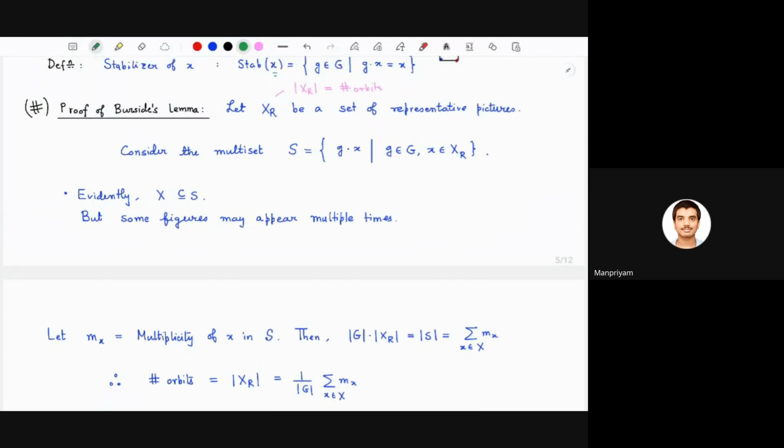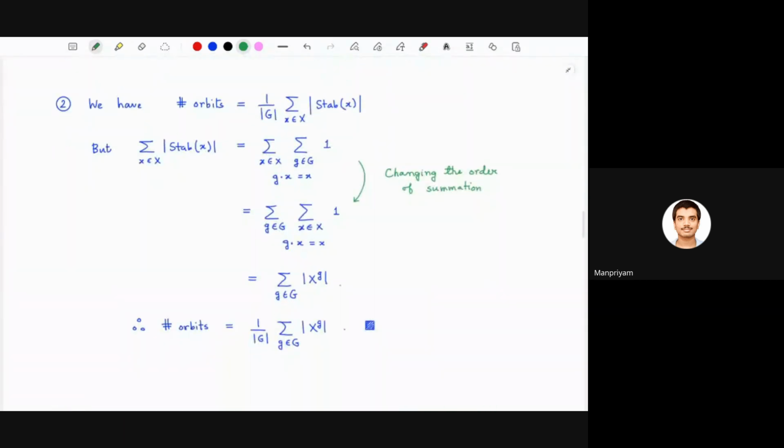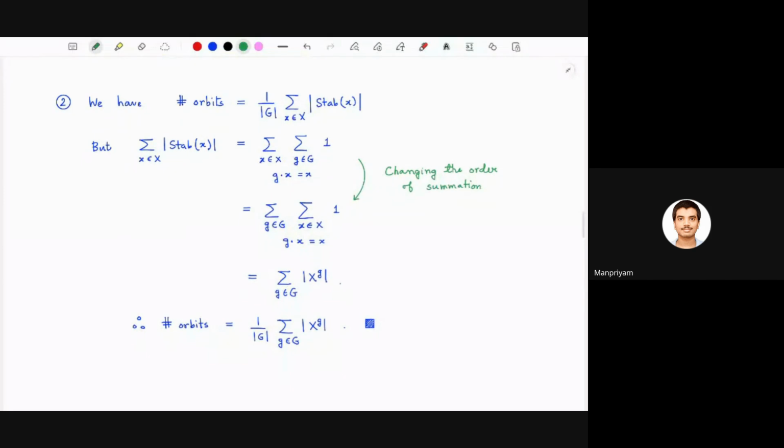And so this was our set. For example, let's not give examples here. I hope this part is clear. And the second part, so we have got this, right? We have gotten that the number of orbits is 1 over mod G times the summation over x in X of the cardinalities of the stabilizers. Now, we still are not there, but there is a very useful trick, which is changing the order of summation.